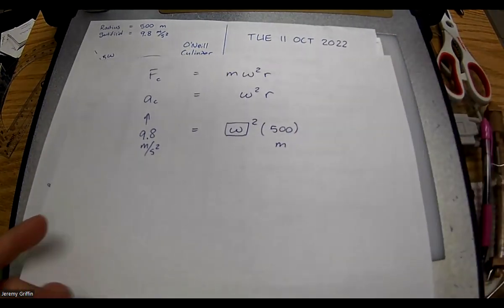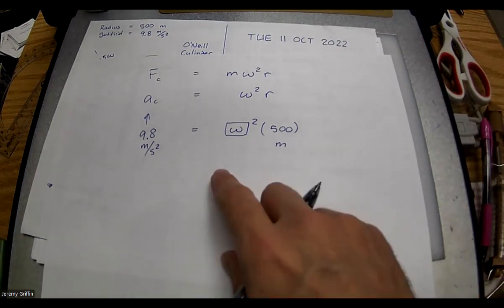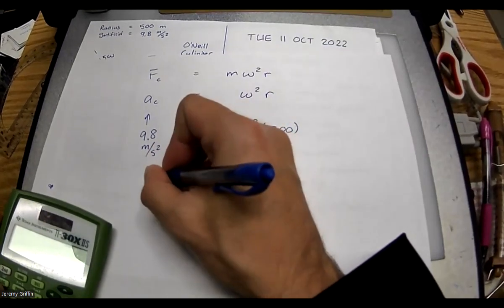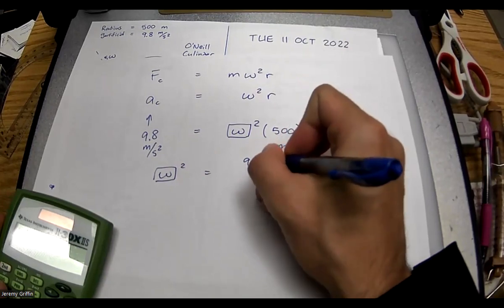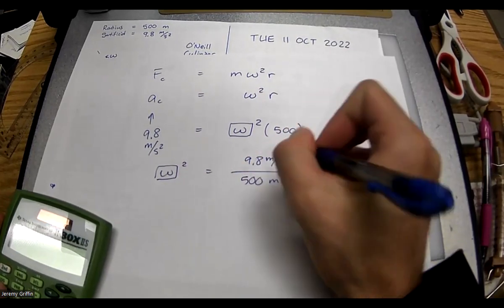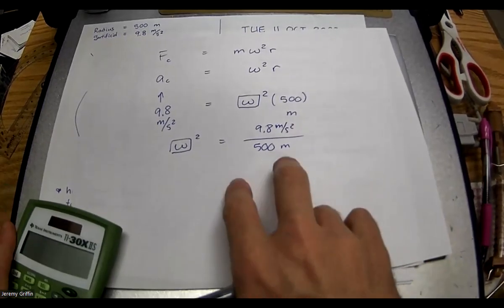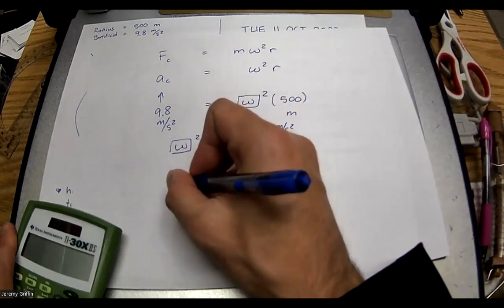You guys do a couple of algebra steps and solve for omega. So omega squared is 9.8 meters per second squared divided by 500 meters. And the other algebra step is to take the square root.